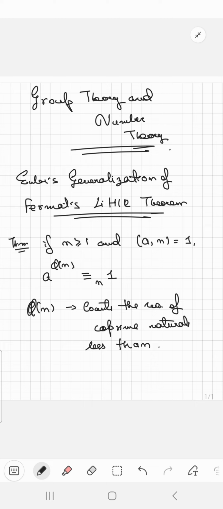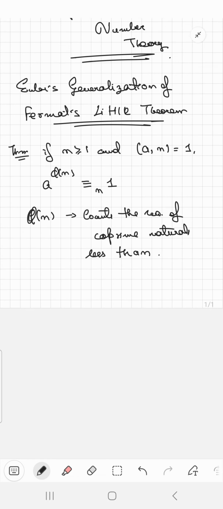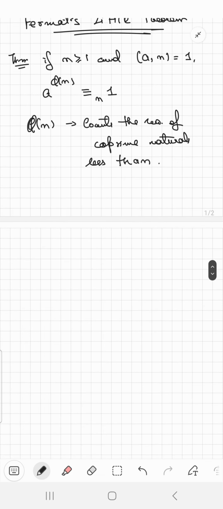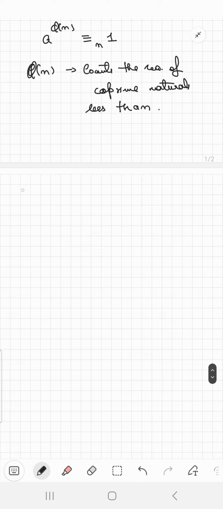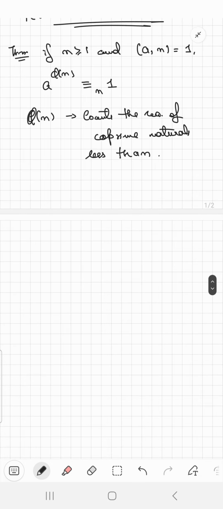Fermat's little theorem is a specific case of this where n is a prime. So if I choose n to be a prime p and a to be something which is not divisible by p, then surely they are co-prime.